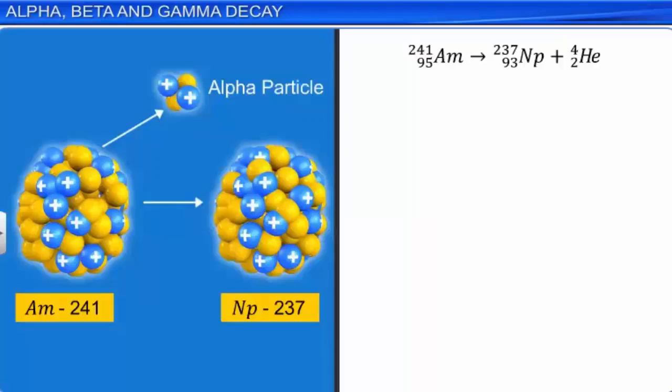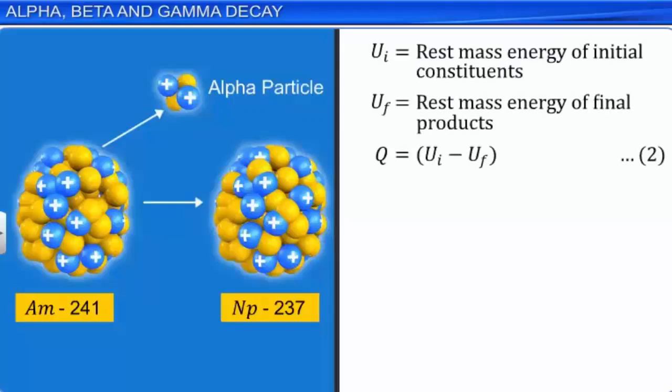The difference between the rest mass energy of the initial constituents and that of the final products is called the Q value of the reaction. If UI denotes the rest mass energy of the initial constituents and UF denotes the rest mass energy of the final products, then the Q value for the reaction will be equal to UI minus UF.